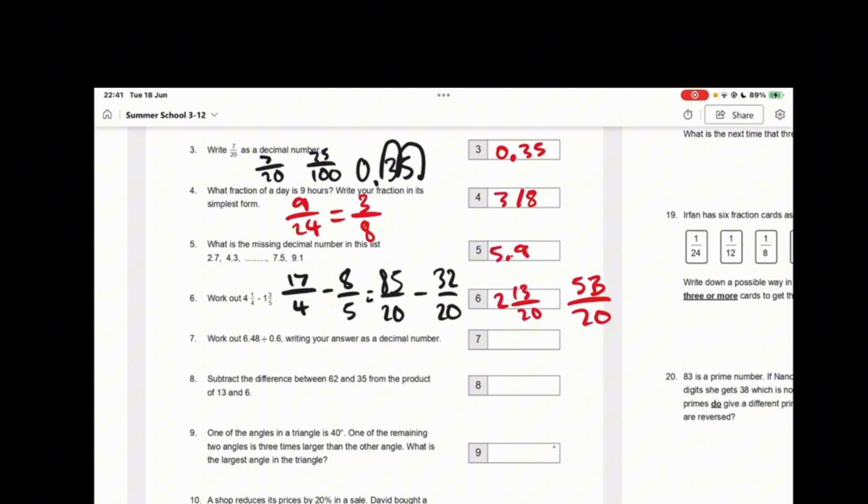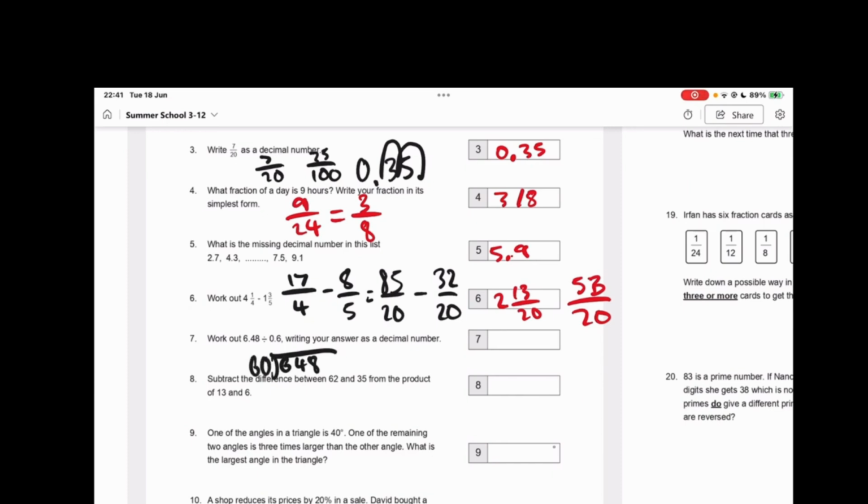Okay, work out 6.48 divided by 0.6, writing your answer as a decimal number. So what we can do is 648 divided by 60.